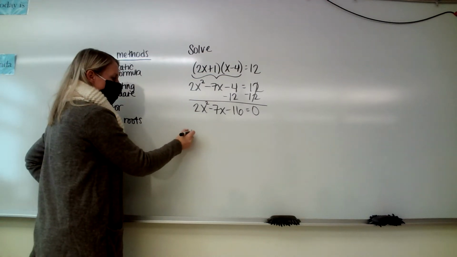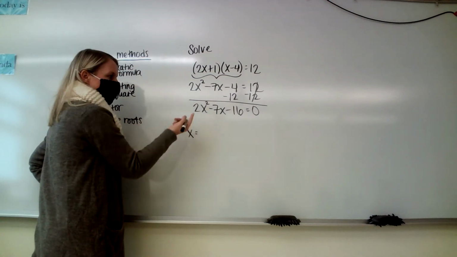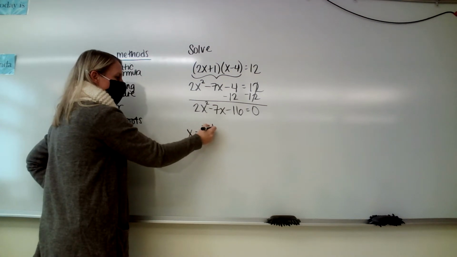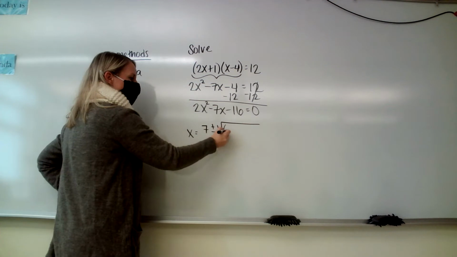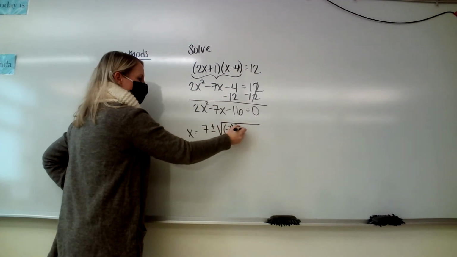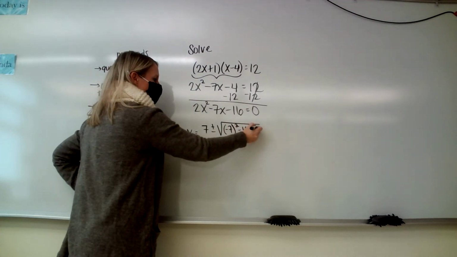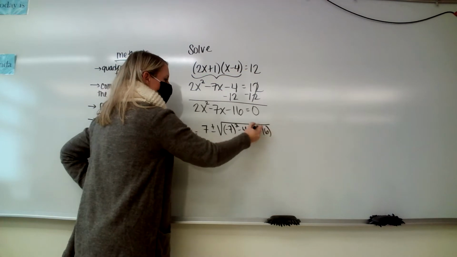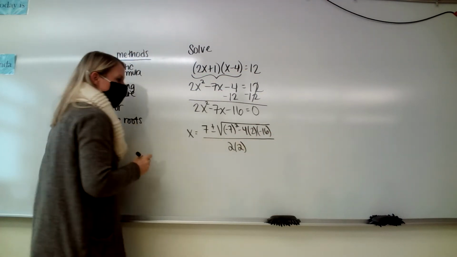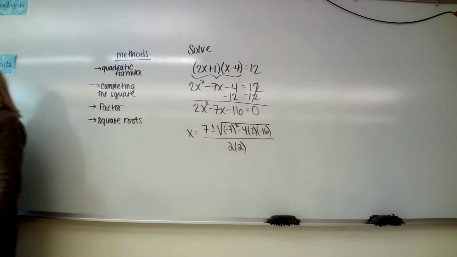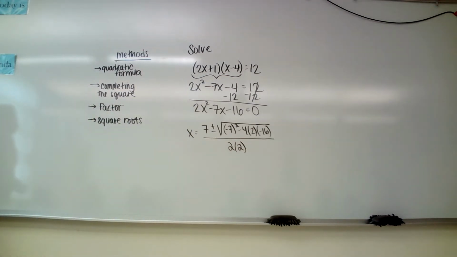So x is going to equal negative b. So b is negative 7. So that would turn positive. Plus or minus. Underneath my square root is b squared minus 4 times a times c. And the whole thing is over 2 times a. So I grab my calculator because let's be honest, I'm not doing any of this in my head.